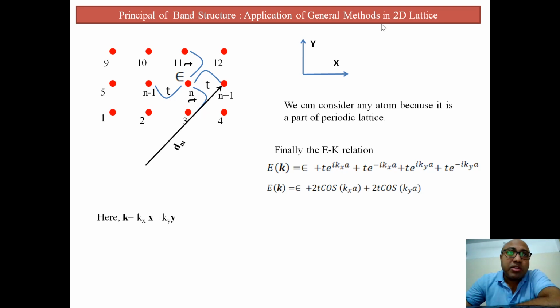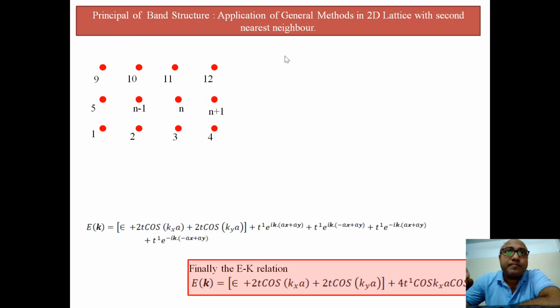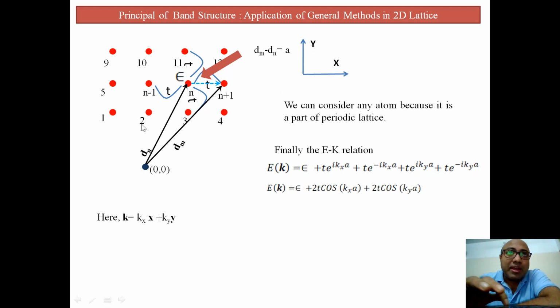Now you consider the 1 0 point over here, and as I told you, this is dn, this is dm. If this is my x-axis, then dm minus dn is equal to a. We have done this just now, in previous days, because you consider this my x-axis, that one-dimensional figure.